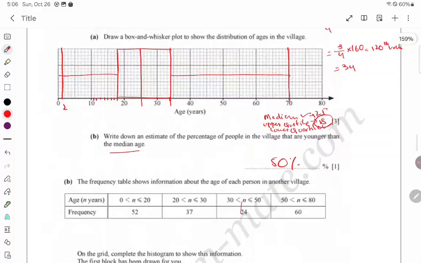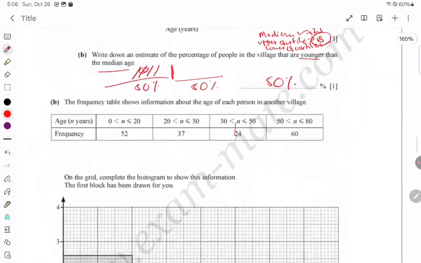If this is the median age, on the left-hand side there is 50% younger and on the right-hand side there is 50% older. So we are talking about the younger ones, this part which is 50%, and if we're talking about older than the median age, that is also 50%.